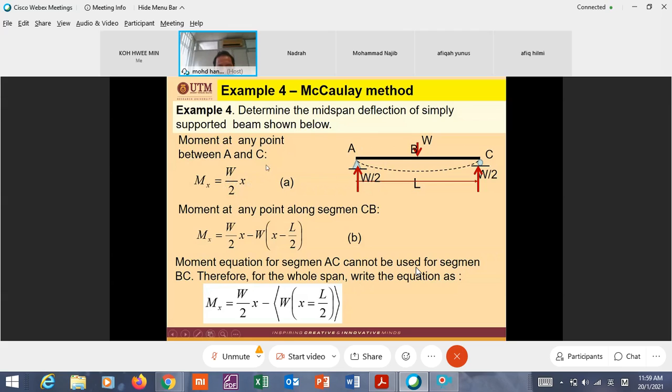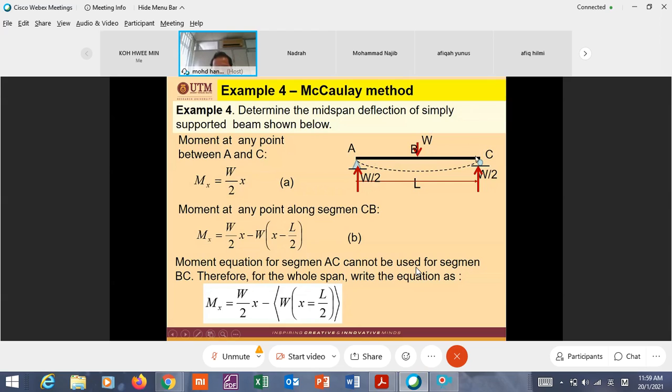Now, if you combine this equation for the whole span between A and C, then this is the equation. But remember again, I repeat, in this equation, when x minus L over 2 is negative, then you neglect this one, cancel this one.